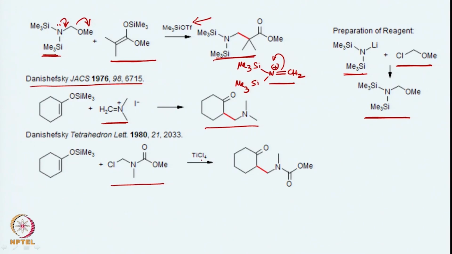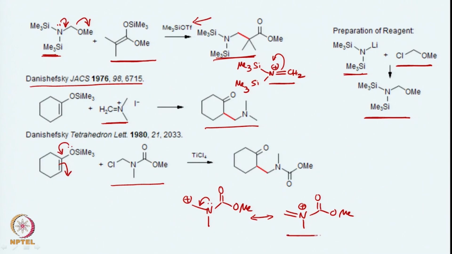intermediates with TiCl4 generating, again as we discussed earlier, the positive charge here, and of course you have the remaining part of the molecule where we can think about having a species of this kind reacting with the enol silyl ether. So, this is how the species that reacts in this way, it will come and it will react with this part and then lead to the formation of this.